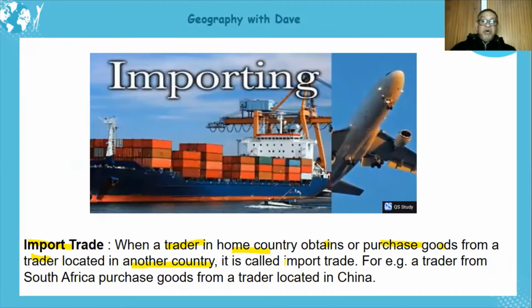This is import trade. Not so good. It does bring in more goods, etc., but not so good because we are buying instead of selling. Example, a trader from South Africa purchases goods from a trader located in China.